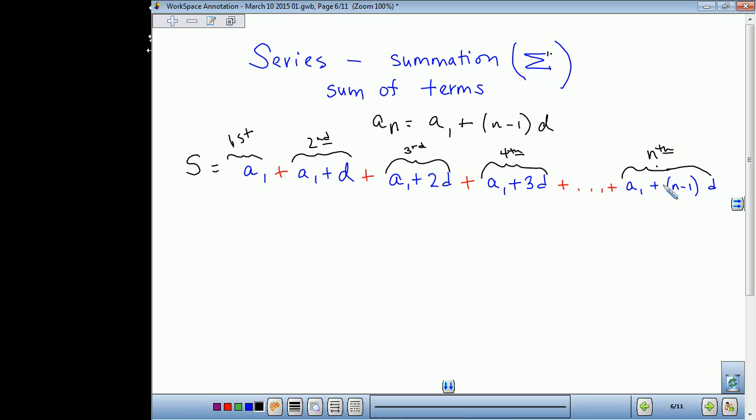Okay, let's stick with Gauss's idea, and let's go backwards here. So we're going to start with the nth term. Okay, so if this is n minus 1, then the one before it would be n minus 2, okay?